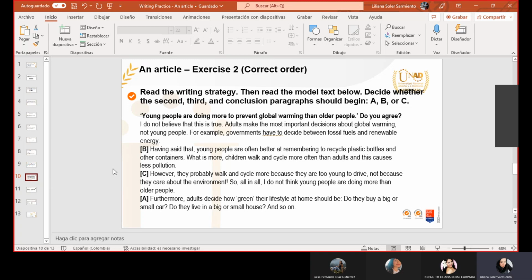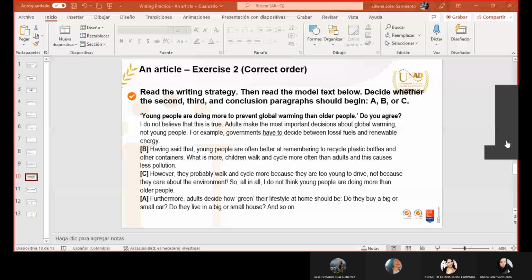However, they probably walk and cycle more because they are too young to drive, not because they care about the environment. So, all in all, I do not think young people are doing more than older people.